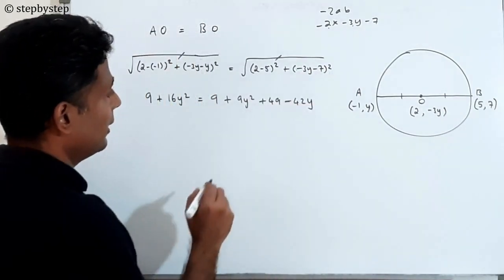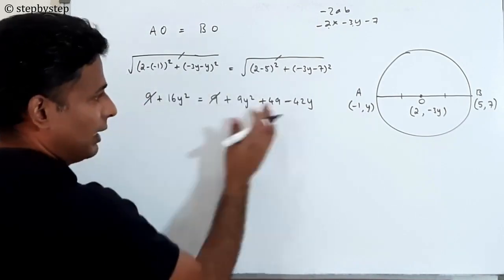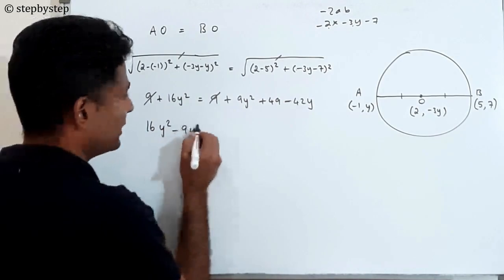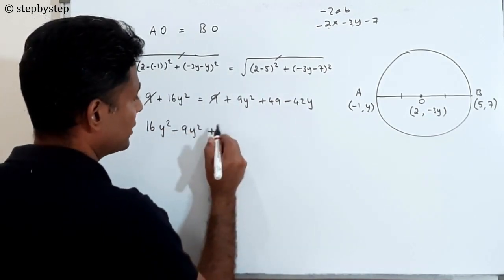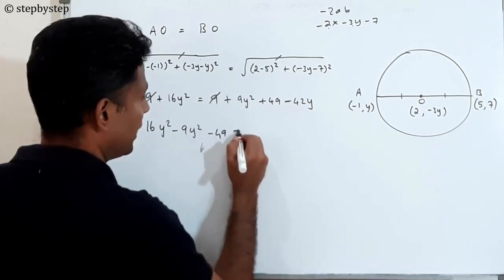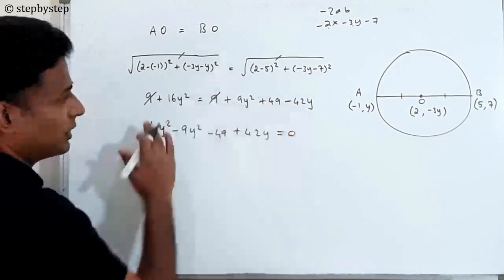So we got this. Now plus 9, minus 9 cancels. I'll transpose everything to one side. So I'll get 16y square minus 9y square minus 49 plus 42y equal to 0.